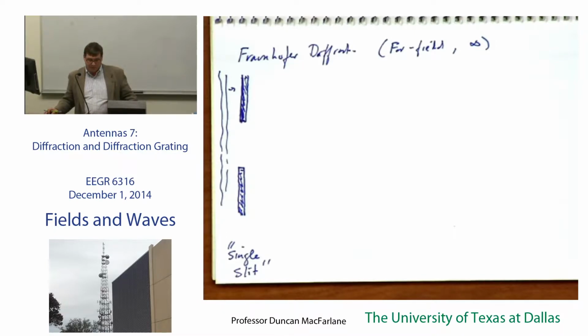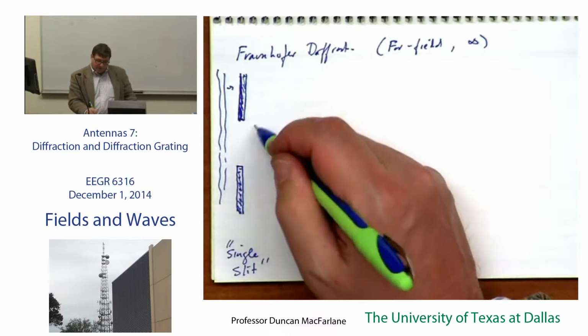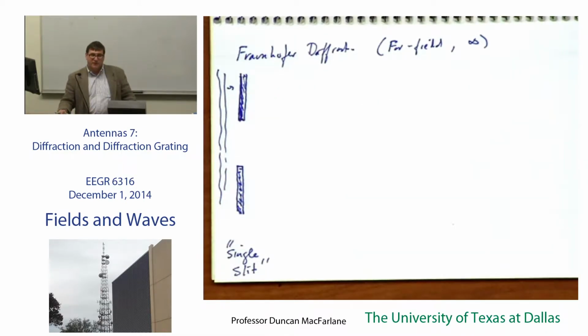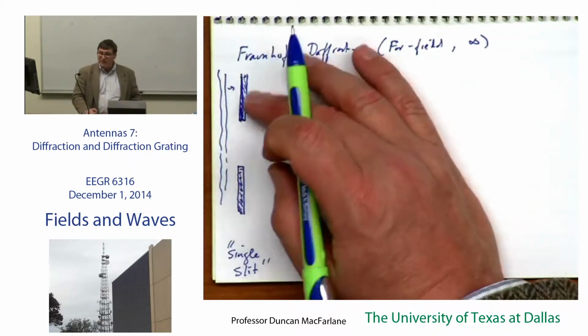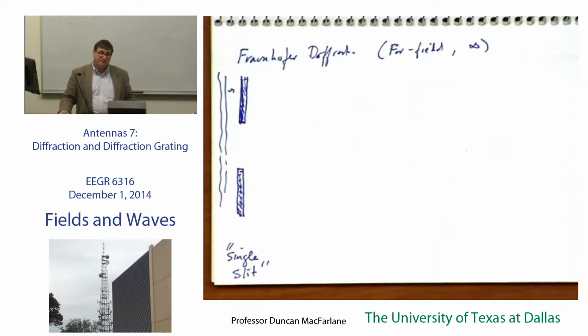Now, one trick. What we'll do is ask, what is my observation point at infinity? But one very simple trick we can play in the optics world is to move infinity up to a certain plane by using a lens. If I put a lens with a focal length f right in front of that aperture, then whatever happens at that aperture will happen at a focal length f instead of at infinity.